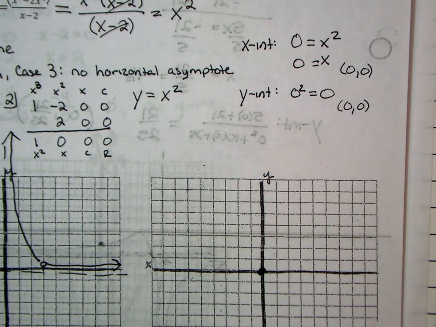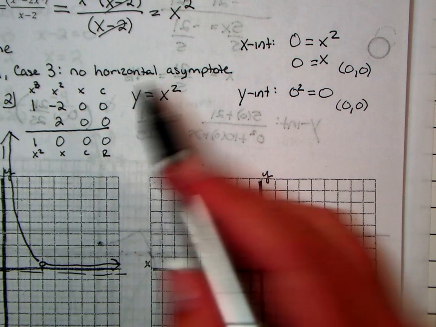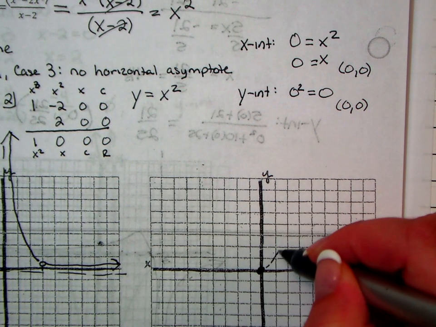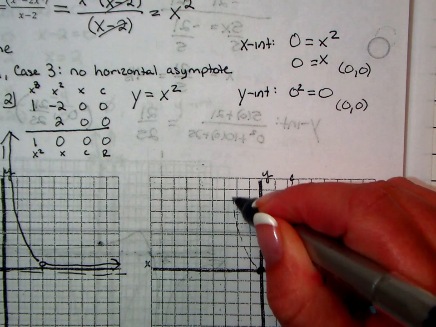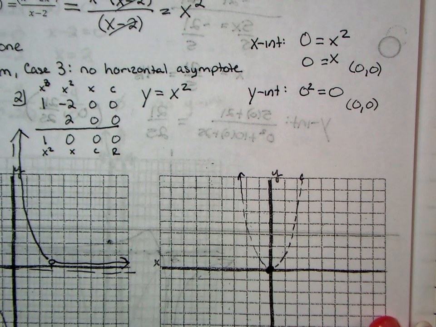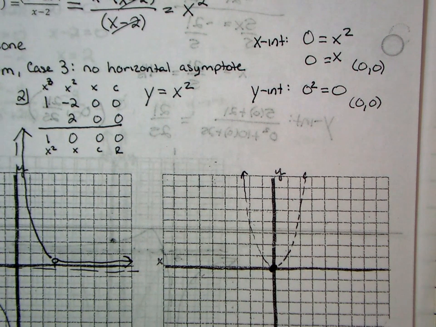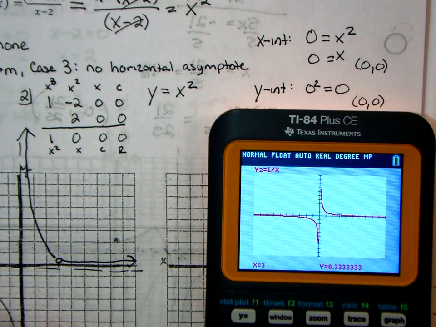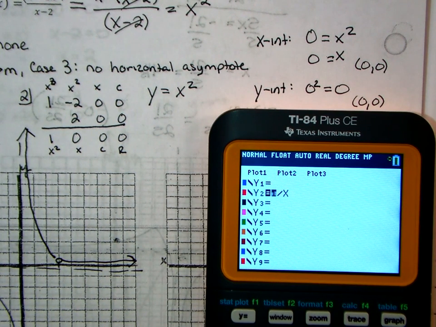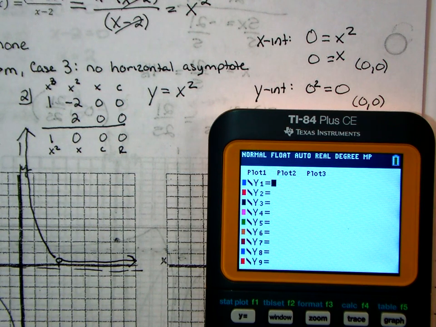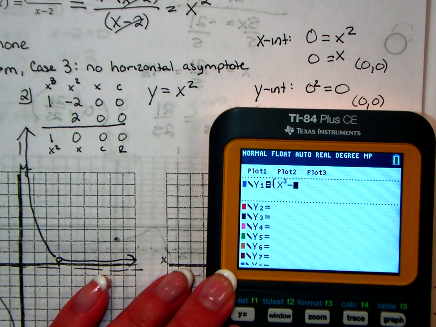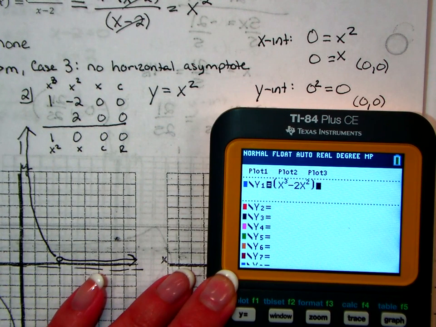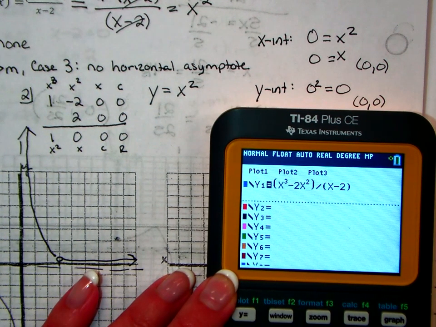Now I usually do put the slant asymptote on there, so I am going to put an x squared on here as an asymptote. But I just want you to see what's going to happen if I graph the original function. So let me graph the original: parentheses, x cubed minus 2x squared, divided by x minus 2.